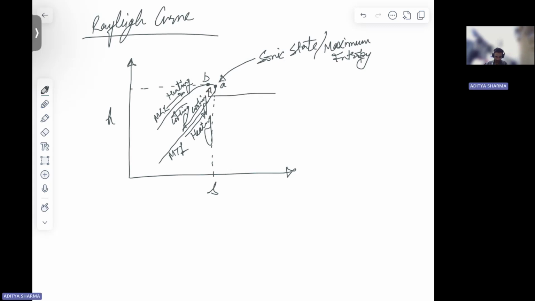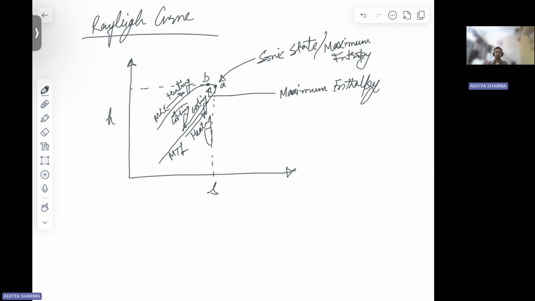And point B is the point of maximum enthalpy. Then if you see the upper half of the curve, this curve belongs to subsonic flows.